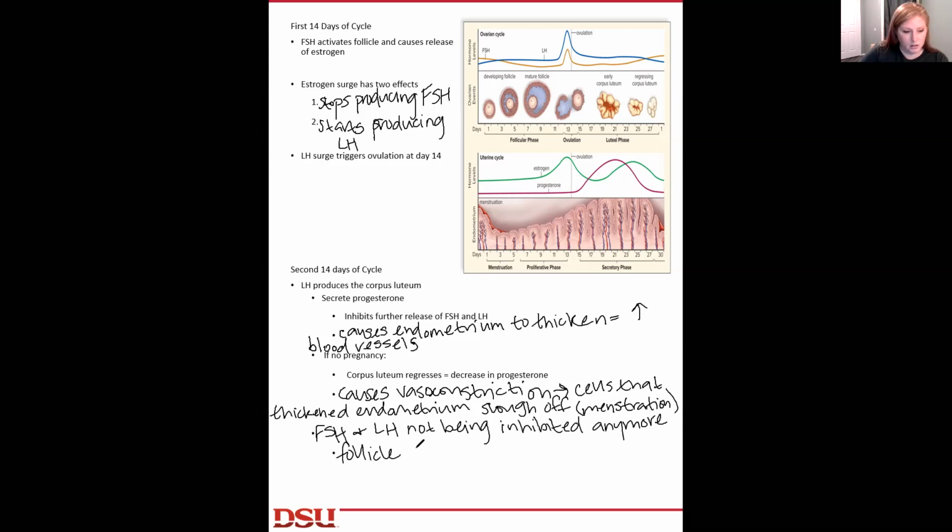Follicle stimulated to develop, and it will eventually lead to ovulation. Okay.